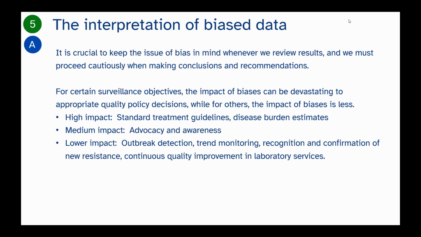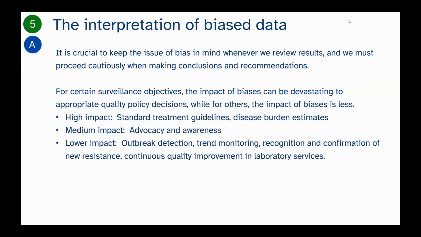With regard to high-impact consequences, treatment guidelines and disease burden estimates do suffer significantly when the data are severely biased. On the other hand, with regard to medium impact, for advocacy and awareness, the data can still have the important message that resistance is bad, it is getting worse, and the problems are diverse, even if the data are not 100% reliable.